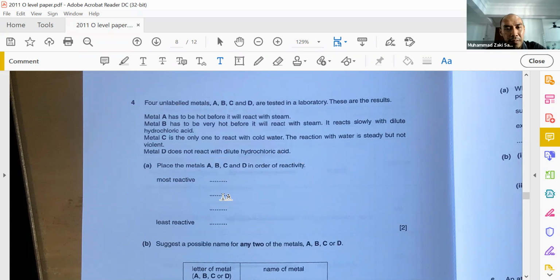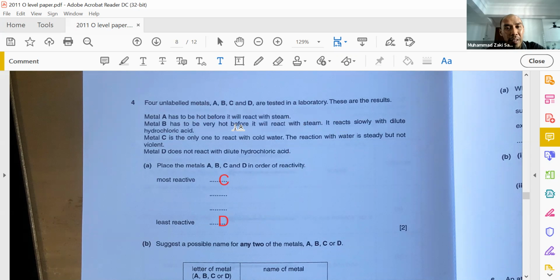Okay, so the most reactive should be C. The one that does not react with dilute hydrochloric acid should be the least reactive, D. Then you have the in-between ones. For A and B, it can be quite confusing. A didn't tell you about the reaction with hydrochloric acid, but it says it has to be hot.